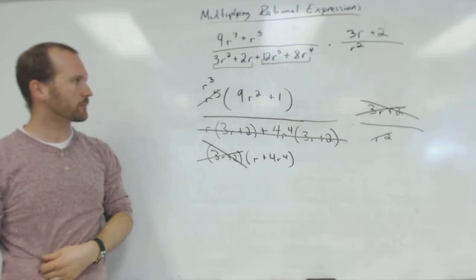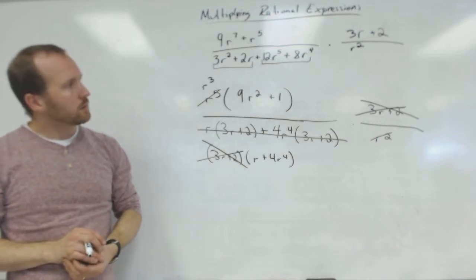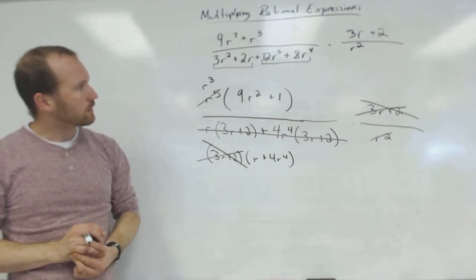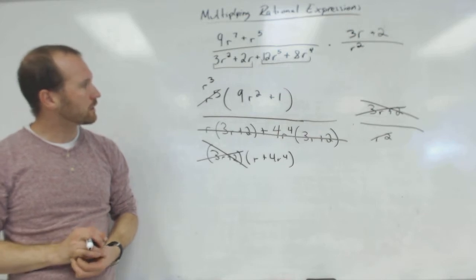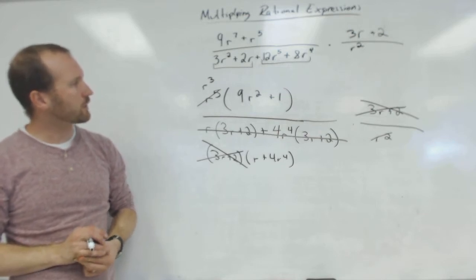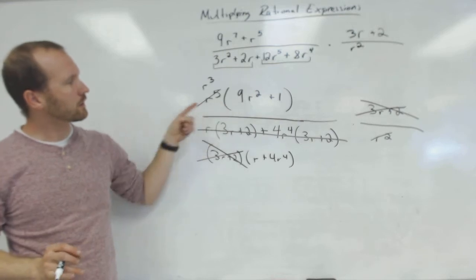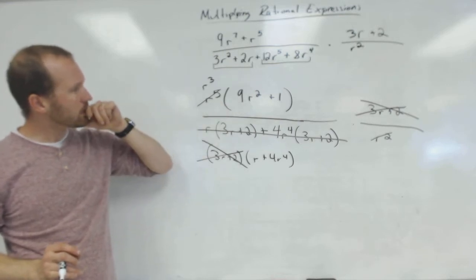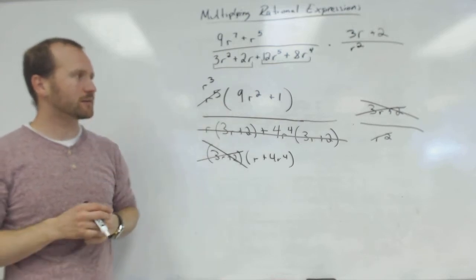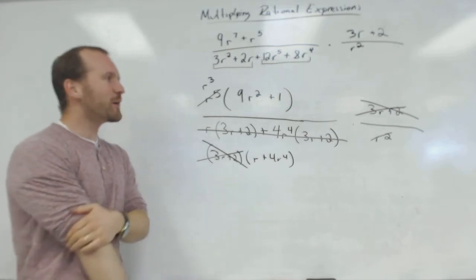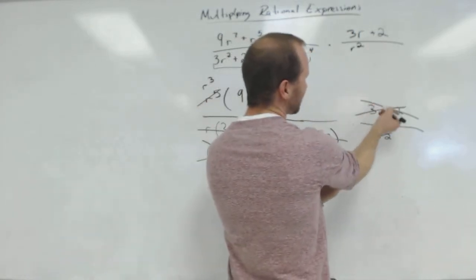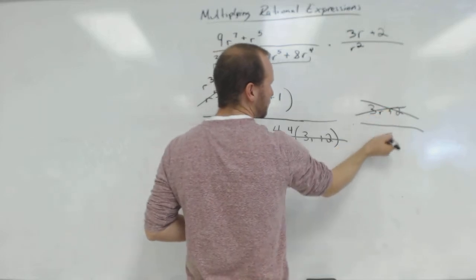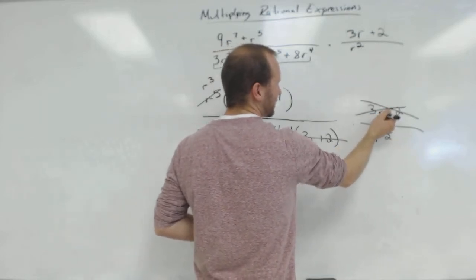But if you did make that r times r, couldn't you take out the top r and 3r? No. Remember, it's kind of in parentheses. It's 3r plus 2 and r to the second. No! Remember, we cannot cancel terms. I can't cancel this with this because this is not a factor.